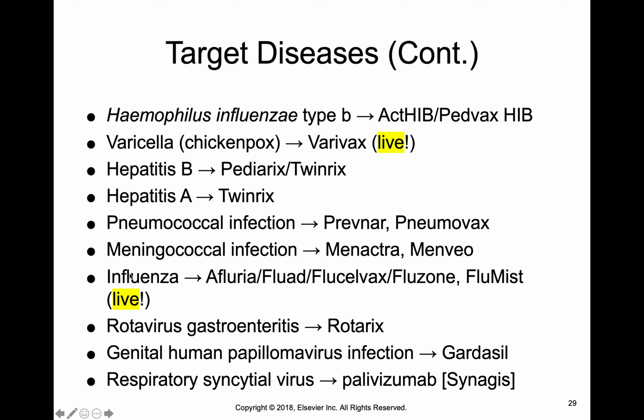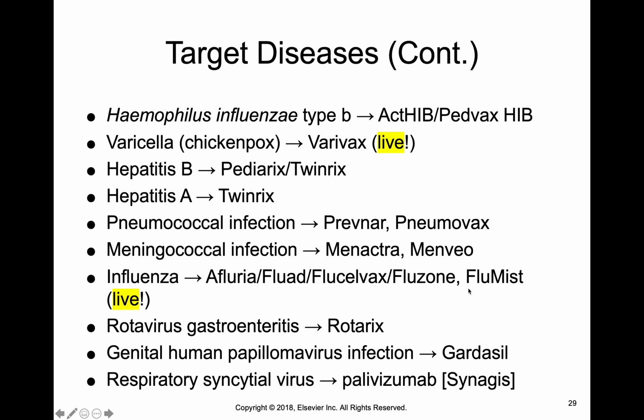For influenza, which is annual, and I guess it's always a guessing game as to determining what H and N types we will be dealing with this flu season. And there's several manufacturers all making kind of the same thing, but Afluria, Fluad, Flucelvax, Fluzone, those are kind of all the intramuscular injectable vaccinations.